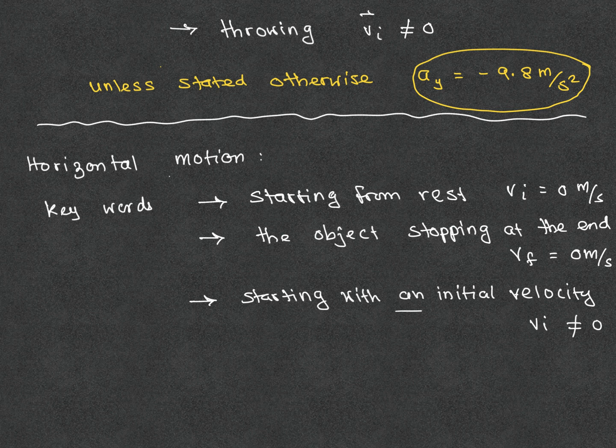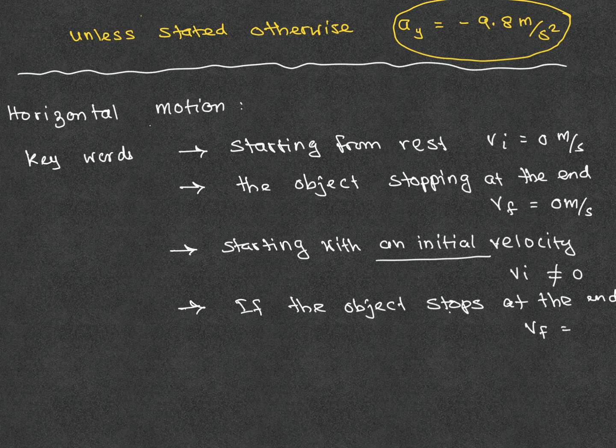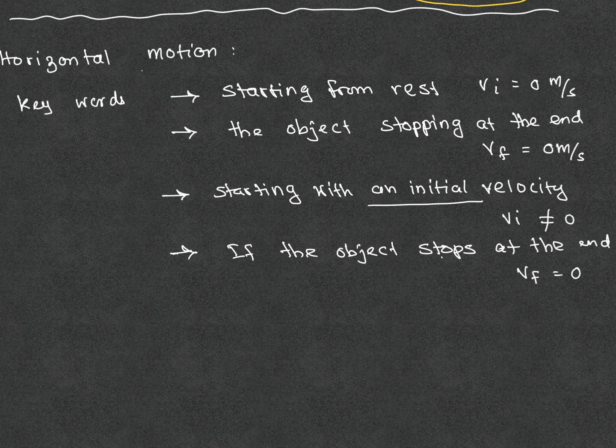And then if the object comes to a rest at the end, or if the object stops at the end, then we know the acceleration is negative, where v final equals 0. So you have to expect a negative acceleration here, or in other words, it is called a deceleration.